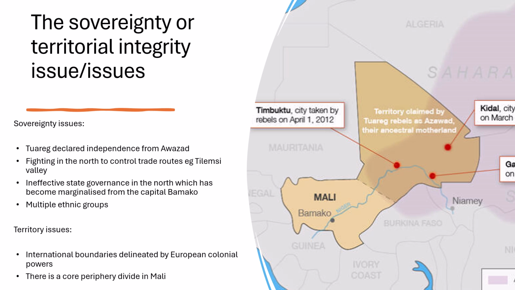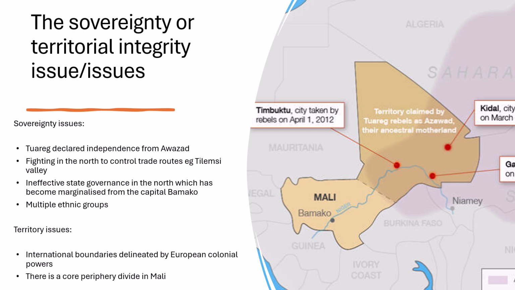That northern state has become quite marginalised from the rest of Mali, from the south and particularly from the capital. And there are multiple ethnic groups trying to control the northern region. In terms of territory, if you look, the boundaries are very straight lines.